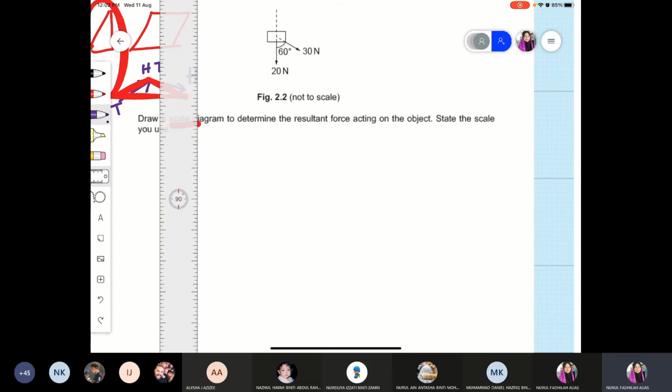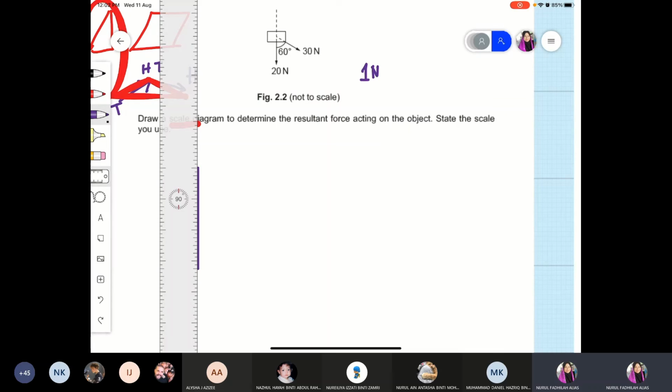Okay, so 20 cm. Jadi kalau this is your 0, so mana kita nak start? 20. Awak kena tetapkan dulu.